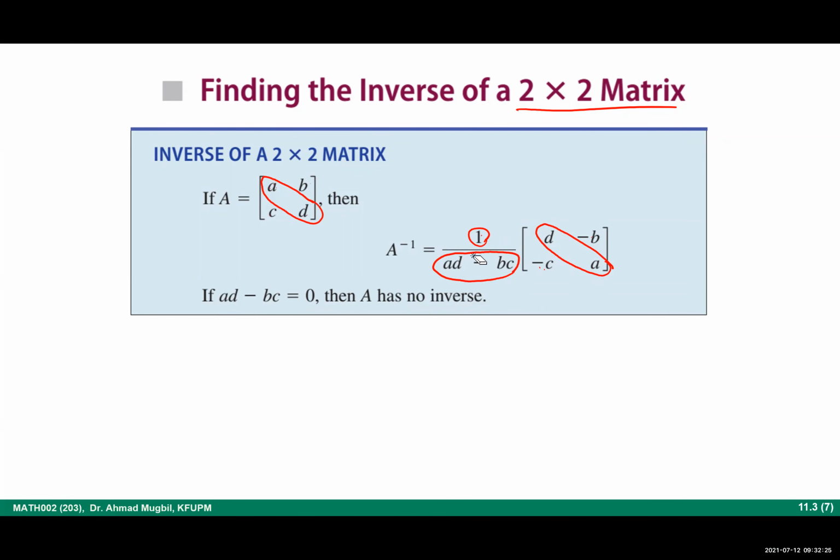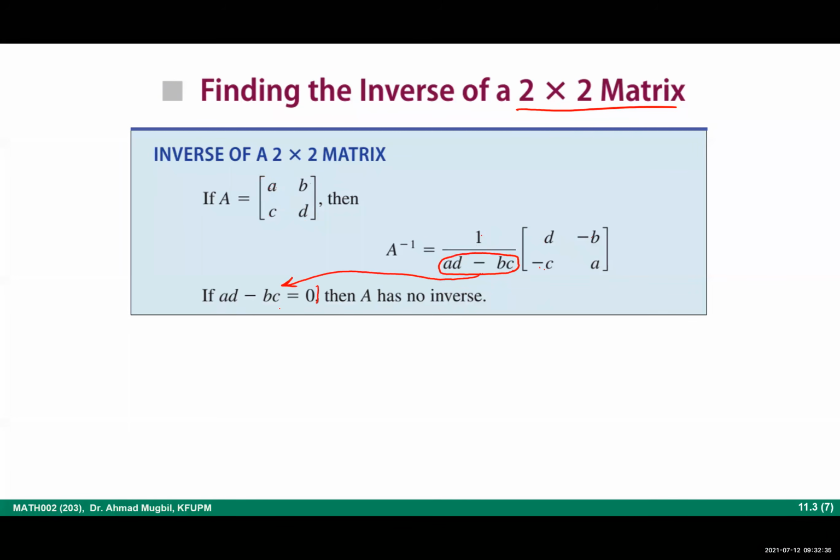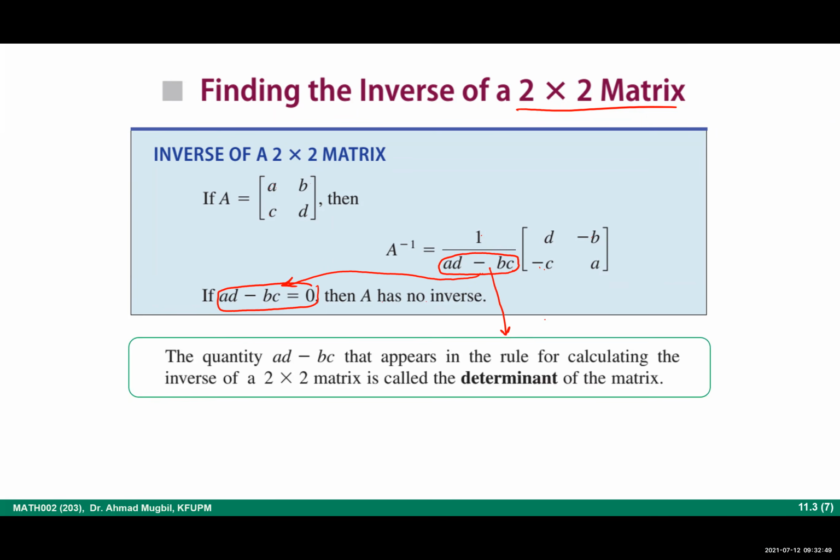There will be a small problem here, ya shabab. The small problem is about the denominator. If this thing in the denominator is 0, then this matrix has no inverse. Does anyone of you, ya shabab, know what this is called? This is called the determinant.